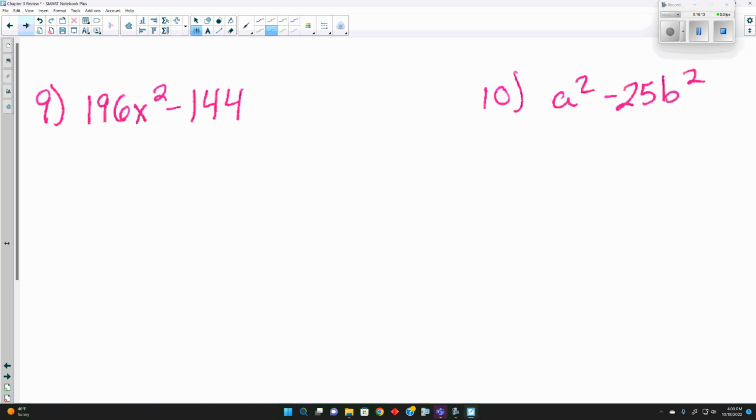Now looking at this here, 169 and 144, they are perfect squares. We could also look for a greatest common factor, a number that will go into both of these.